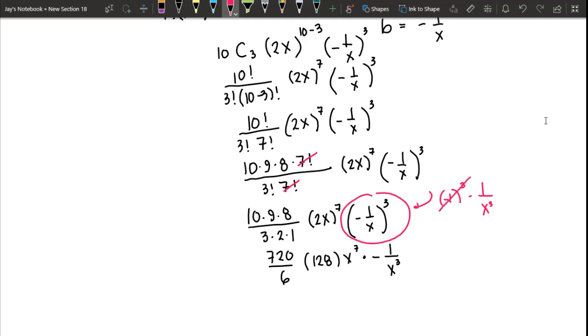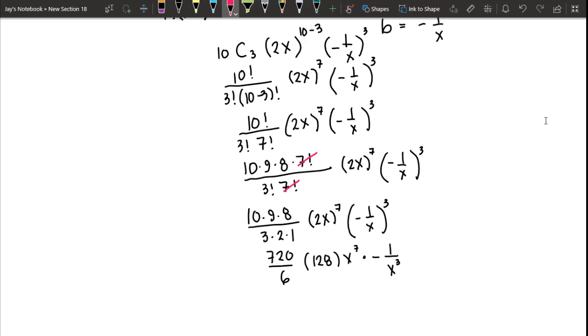This would still give us negative 1. So negative 1 times 1 over x cubed, that would give us negative 1 over x cubed. So this implies that we have a negative term on the fourth term of our expression.